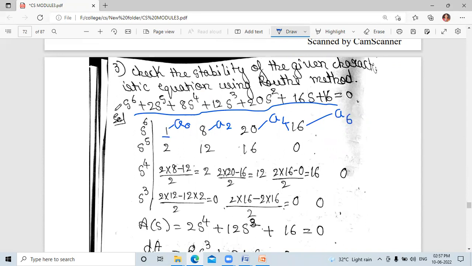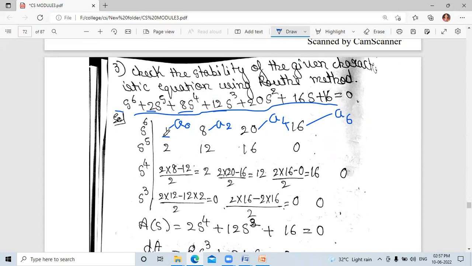So here these are the values of A1, A2, A3, A4, A5, A6, A7. Okay. So this is constant. What we will substitute in the s to the power of 0 is AN, that is the final value.